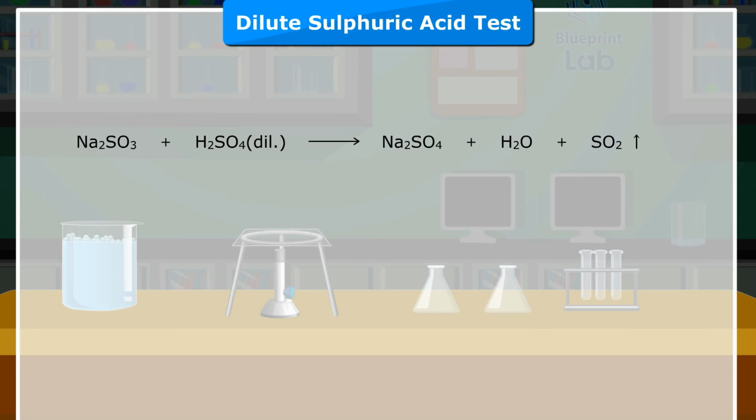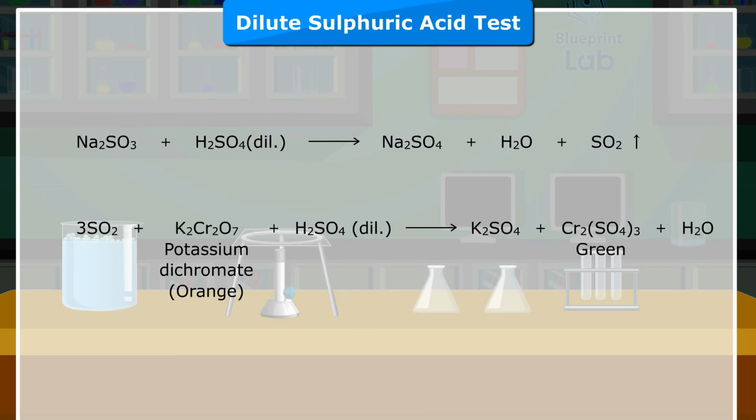Na2SO3 plus H2SO4 (dilute) gives Na2SO4 plus H2O plus SO2. 3SO2 plus K2Cr2O7 (potassium dichromate, orange in color) plus H2SO4 (dilute) gives K2SO4 plus Cr2(SO4)3 (green) plus H2O.